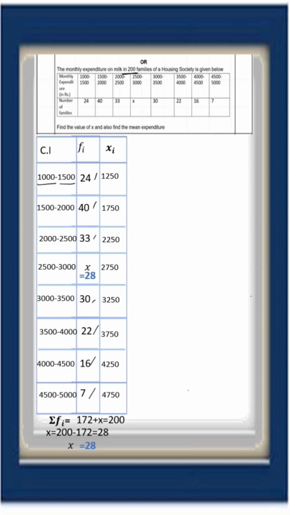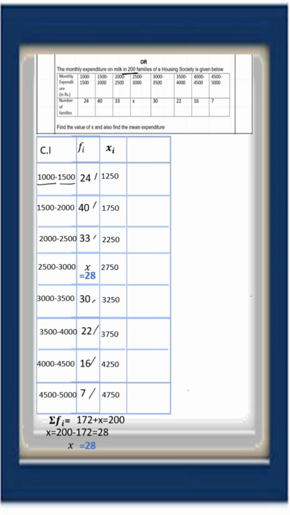Now let us find the mean expenditure by step deviation method. Now let us add one more column to find ui, which is equal to (xi minus a) by h. Let us assume 2750 as mean. Let a be equal to 2750, this one, and here class size is 500.